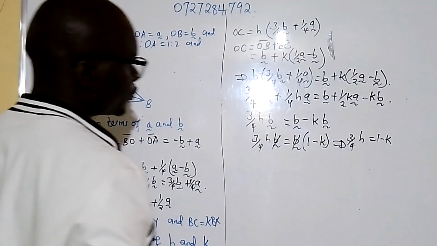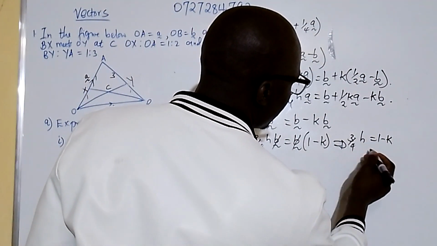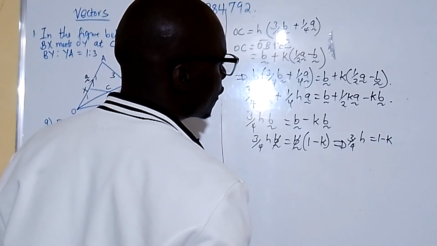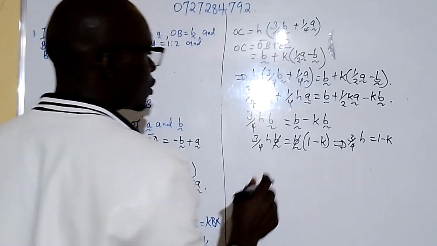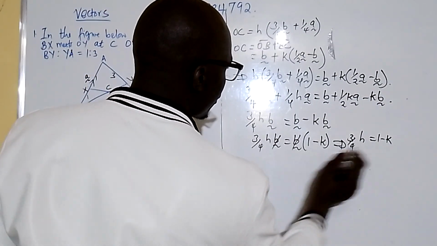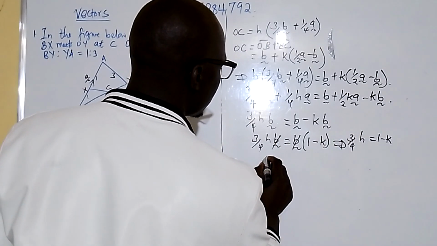And then from here we can remain with K alone. We can know what K represents in terms of H, so that we can bring K this side.